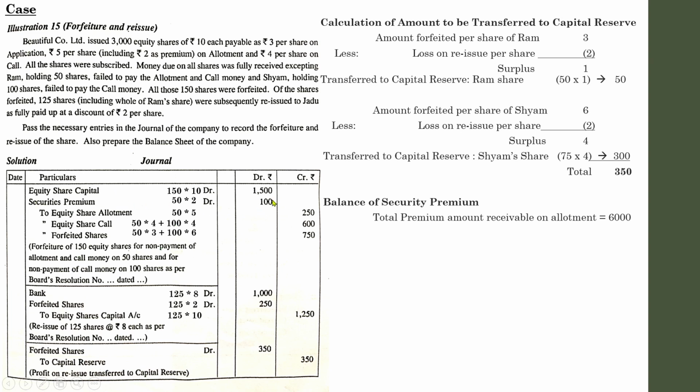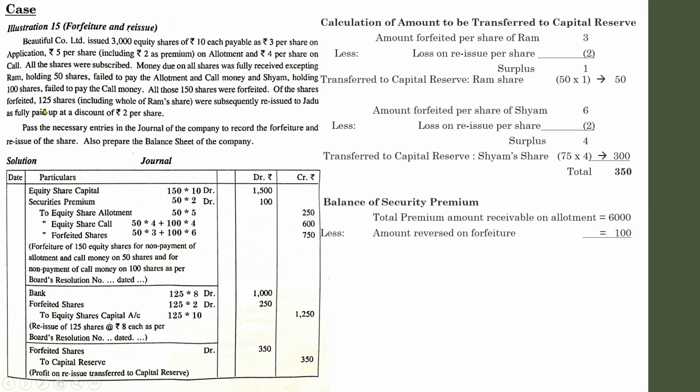Just deduct that amount from the 6000, less amount reversed on forfeiture. Amount reversed on forfeiture means amount cancelled at the time of forfeiture. Here the amount of rupees 100 was cancelled by the concern because they didn't pay the premium. The company has to receive 6000 as premium, but one person holding shares didn't pay the premium.